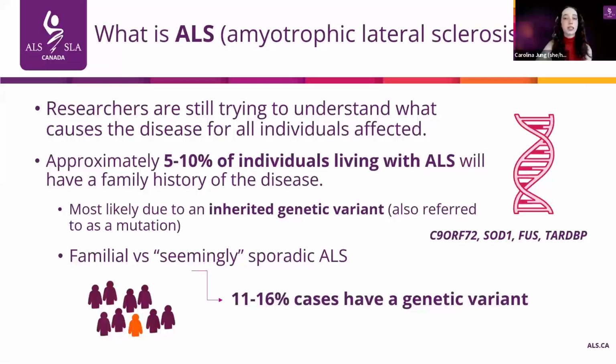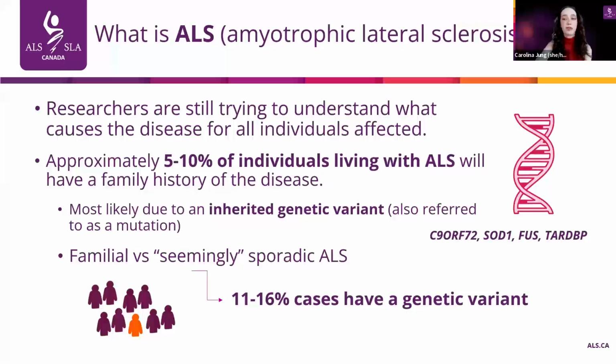It is estimated that this is the case for 11 to 16% of people affected by seemingly sporadic ALS. So for these individuals, they might have acquired a spontaneous variant throughout their lives, so it wasn't inherited from their parents, thus why they don't have a family history, or most likely their family history information was just lacking.